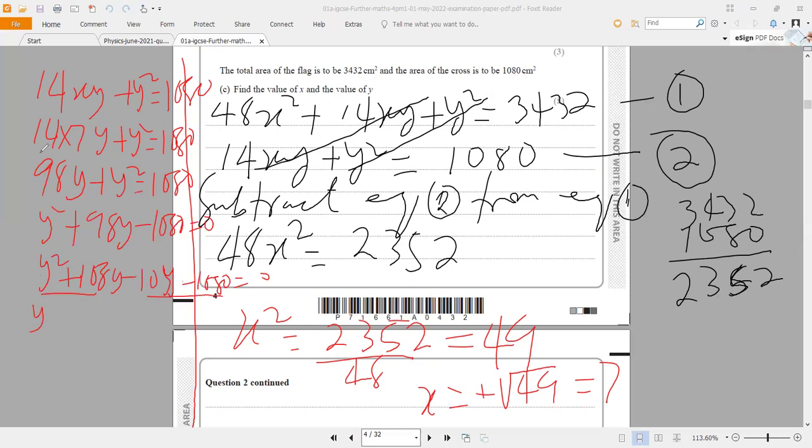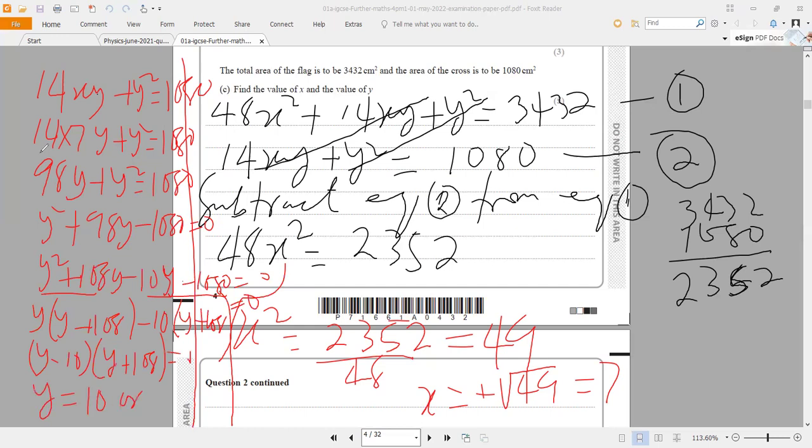So factorizing further, we have (y minus 10)(y plus 108) equals 0, implying that y equals 10 or minus 108.